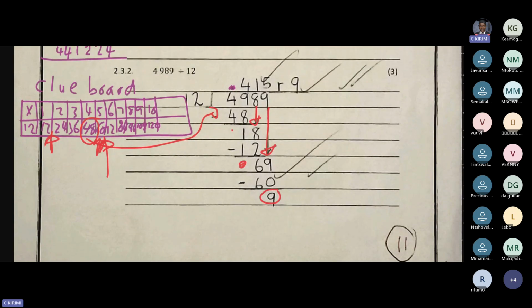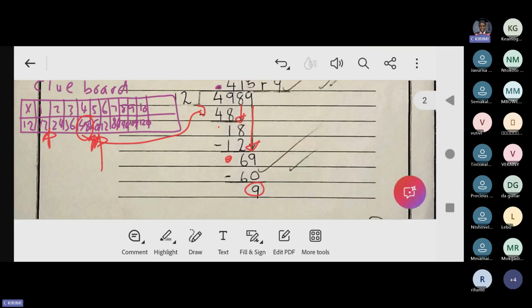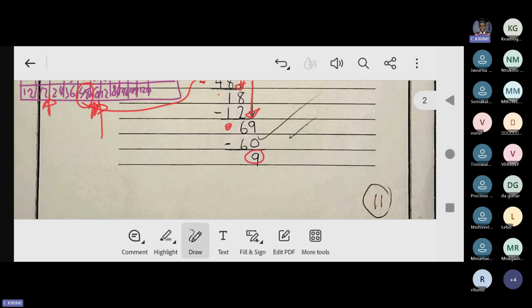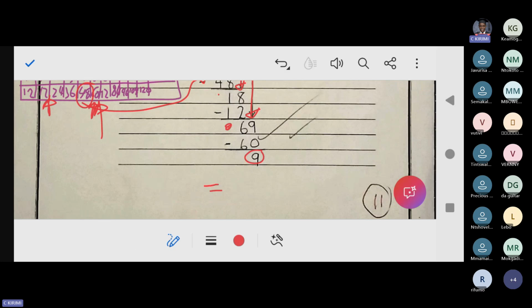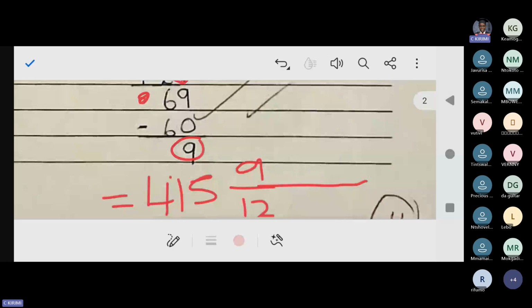Even if you write your answer as a mixed fraction, which is equal to 415 remainder 9. That remainder 9, you were dividing by 12, so 9 12ths. But it must be simplified if it was given in a question where the context is fractions.